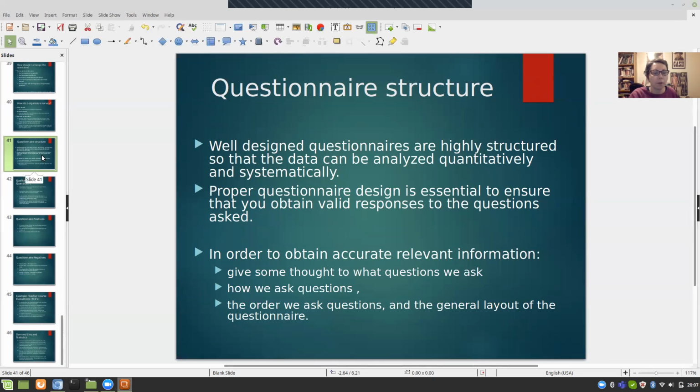So for example, if I ask somebody as the very first question on a survey, on a scale of 1 to 5, how satisfied are you with your living conditions? And then the rest of the survey asks specific questions about their living conditions and how much money they spend. It has a big effect that I ask that question, how satisfied are you, before I ask all these other questions that might have got them thinking about some of the issues that could really inform how satisfied they are.